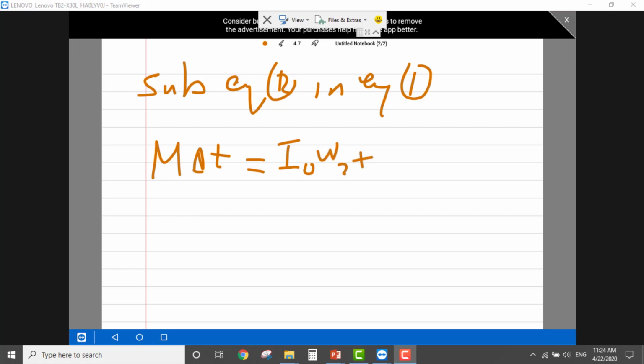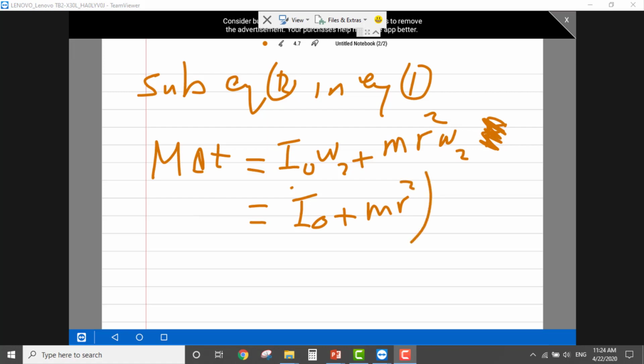plus mass multiplied by radius omega 2, and this is multiplied by radius. So we have two radiuses, I will not write again, and I write square. If I take omega 2 as a common factor, this is I for the centroid plus mass multiplied by r squared, multiplied by omega 2.